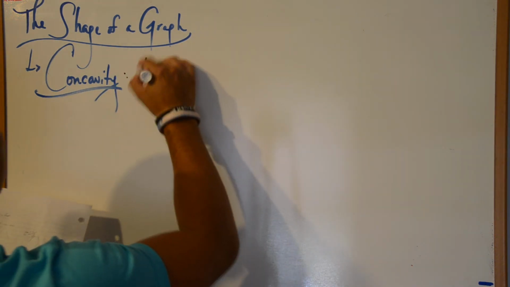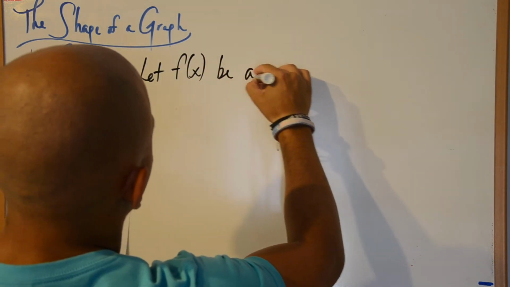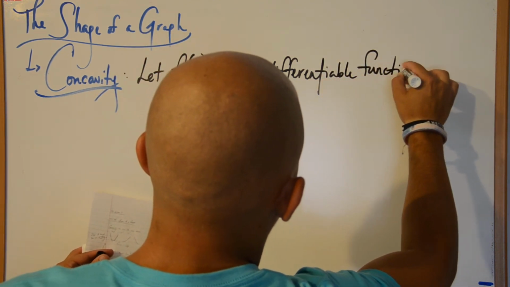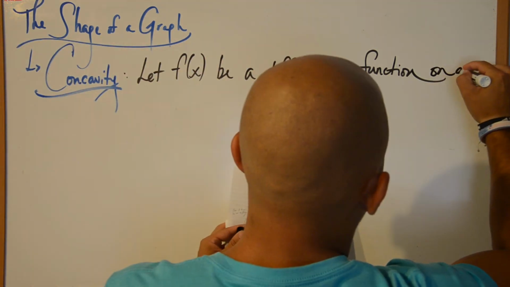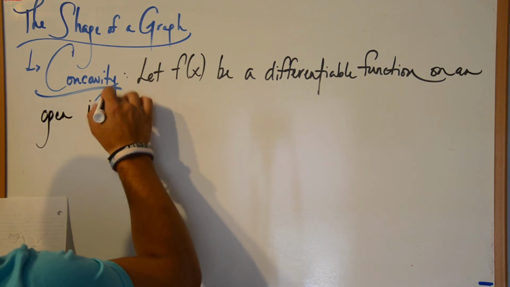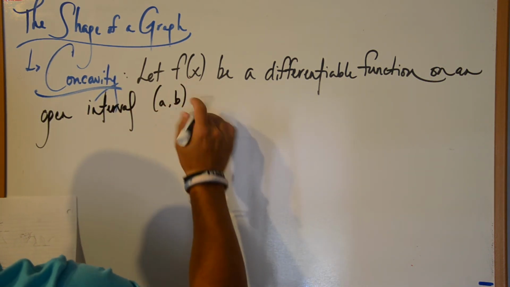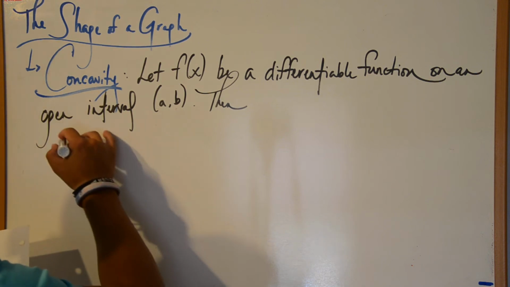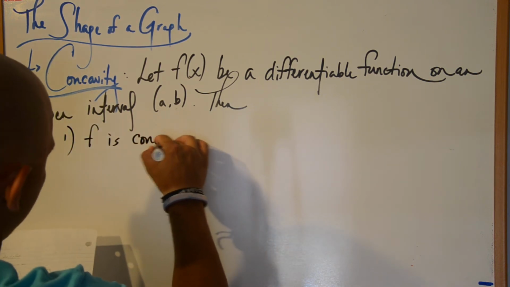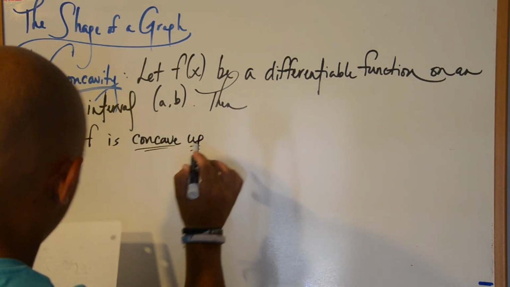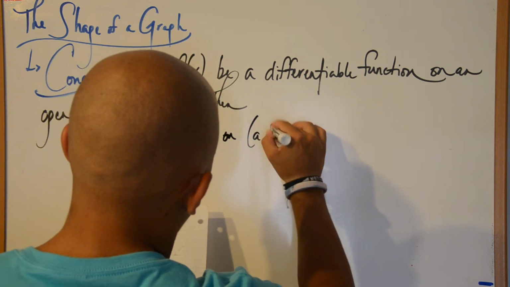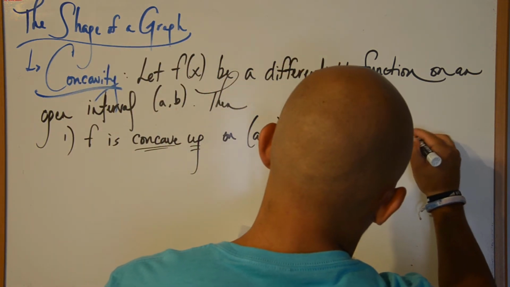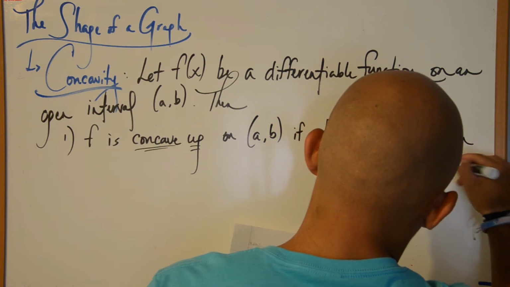And let's say let f of x be a differentiable function on an open interval AB, then f is concave up on AB if f prime of x is increasing on AB.